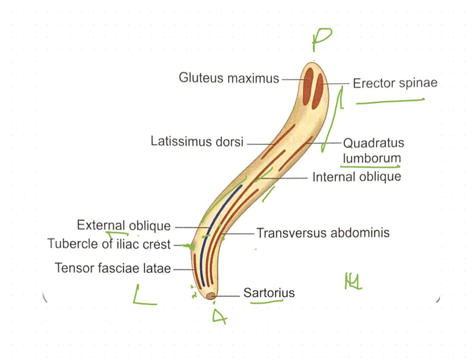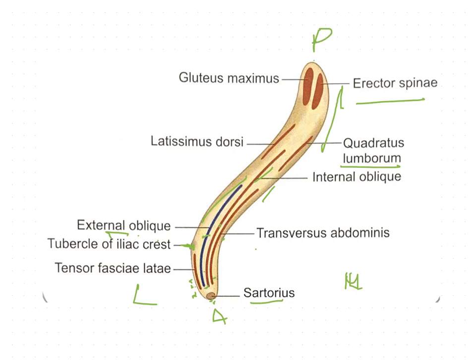If you know the sartorius muscle, that is at the anterior superior iliac spine. Lateral to the sartorius we find the tensor fasciae lata, and then the abdominal muscles: the external oblique, then the internal oblique, and then the transverse abdominis.